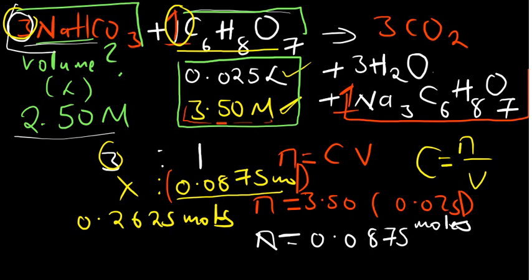Is that okay? Yes. So now we have the number of moles for our sodium hydrogen carbonate required by the calculated number of moles of the citric acid. Now our question is asking us to find the volume, right? We have the concentration, we now have the number of moles. What are we supposed to do to find the volume?